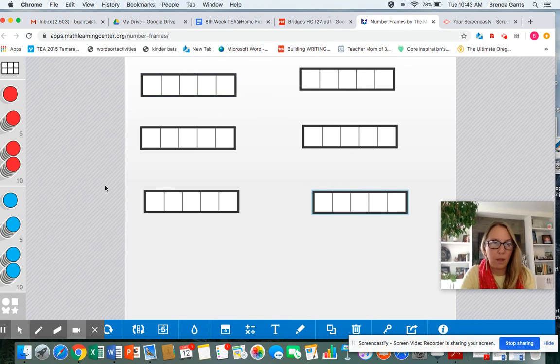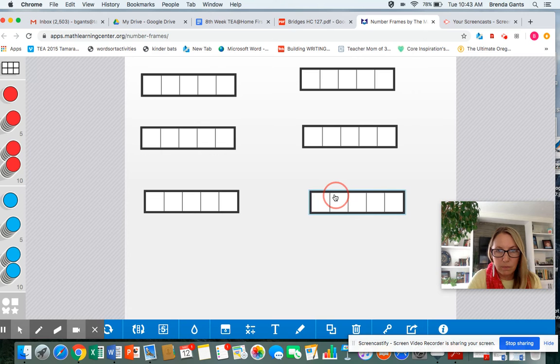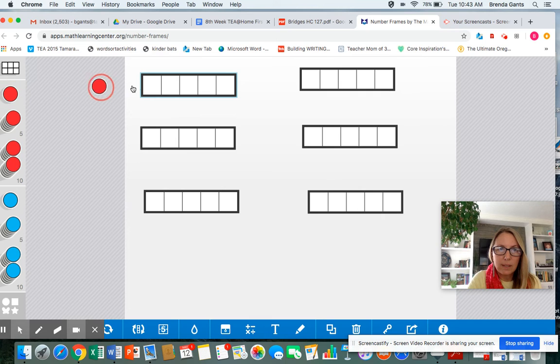Okay, 6 ants. This could be 1 for one ant, for the second ant, for the third ant, for the fourth ant, for the fifth ant, for the sixth ant. Okay, and each one needs to have 3 seeds.